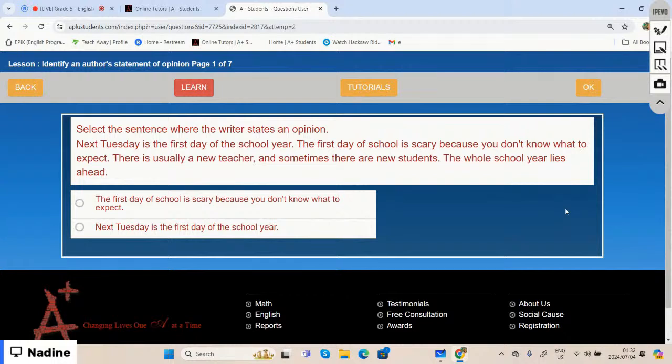The whole school year lies ahead. So we need to select the opinion of the writer. Is it option one, the first day of school is scary because you don't know what to expect, or option two, next Tuesday is the first day of the school year? We need to select the opinion of the writer.